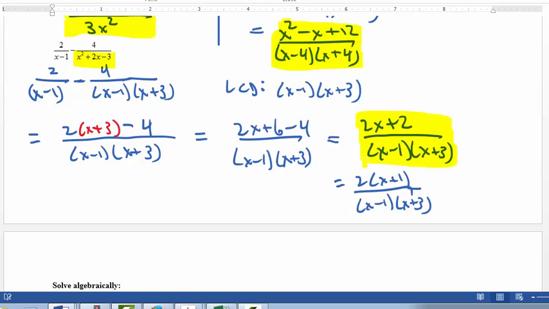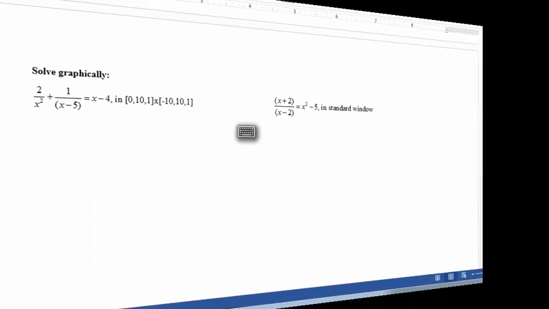You could have left it in that form, or you could have factored out the 2 and then had it in that form. So really, in this instance, either one of those answers was acceptable, but it wasn't necessary to factor the numerator because nothing was going to cancel, right? But it's not a bad idea. Okay, so those were the adding and the subtracting of the rational expressions, right? Next, we'll get into the rational equations.